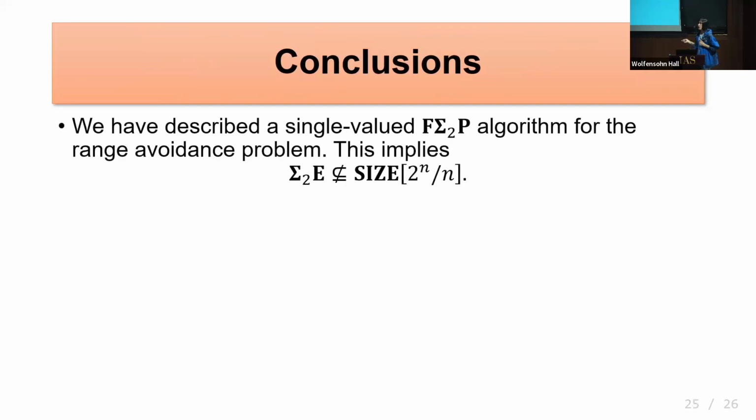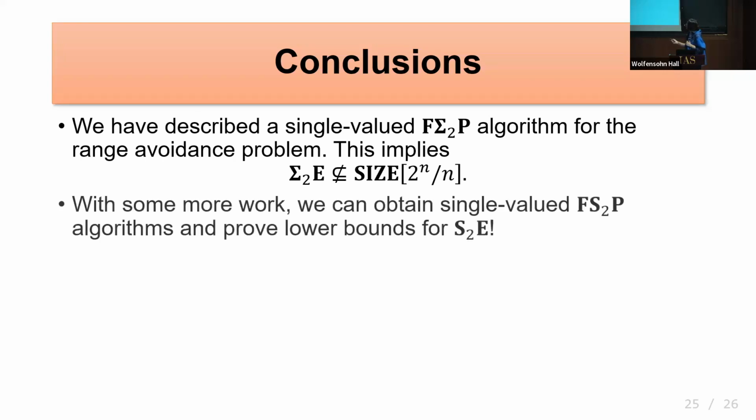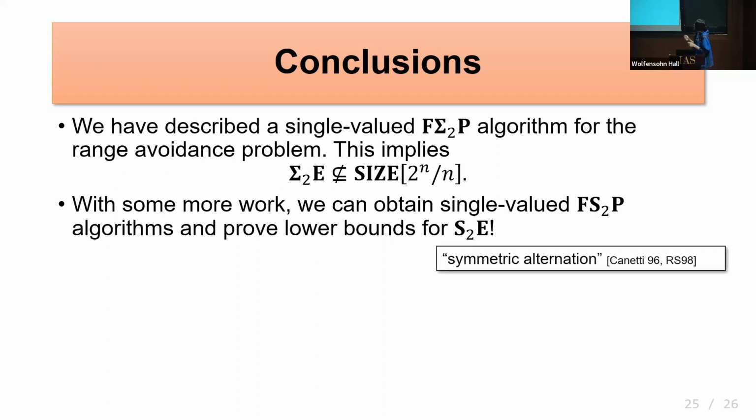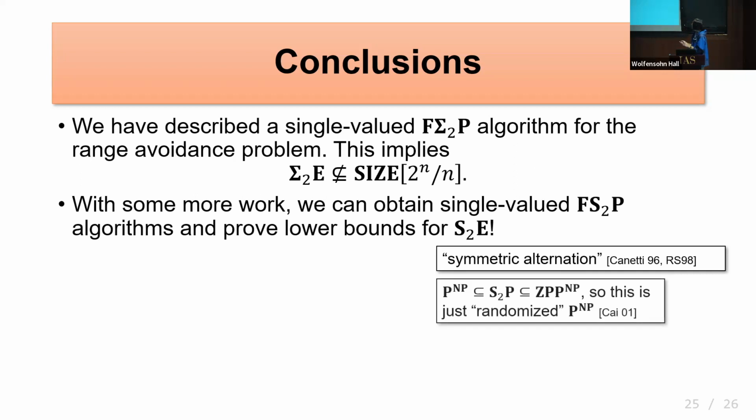So this algorithm implies an exponential size lower bound for Sigma 2E. With some more work, we can also obtain a single-valued S2P algorithm and prove lower bounds for S2E. S2E is the symmetric alternation class.